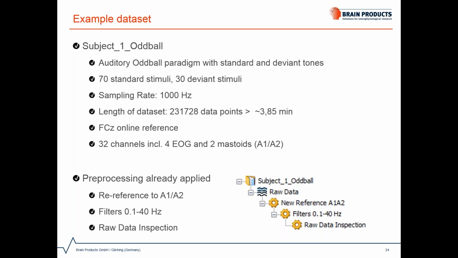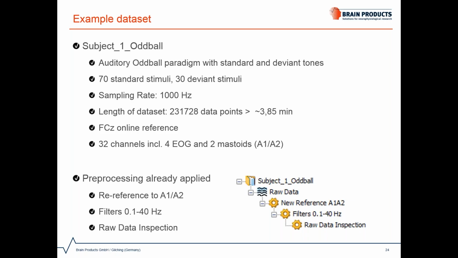And finally, a raw data inspection was applied. In fact, the dataset, you will see that in a minute, is very clean, so I almost did not mark anything as bad intervals. So almost nothing will be included, while I used already rather conservative thresholds.